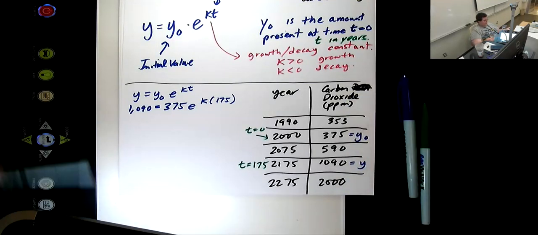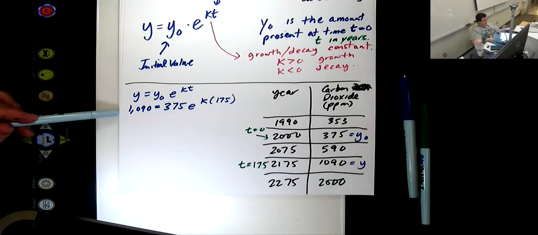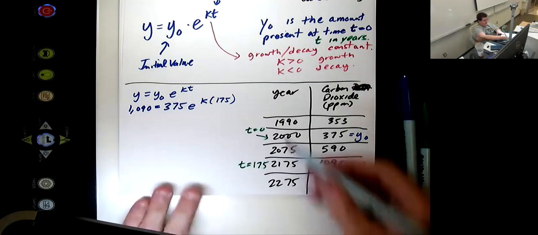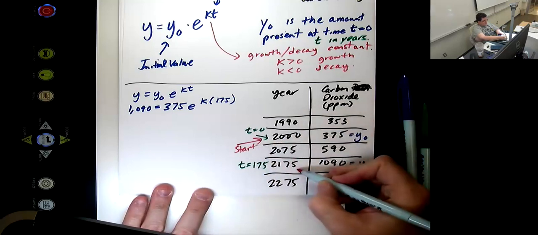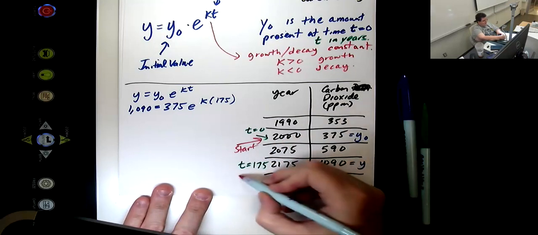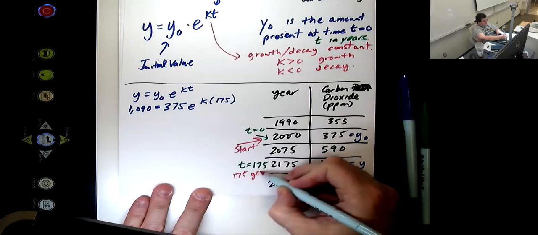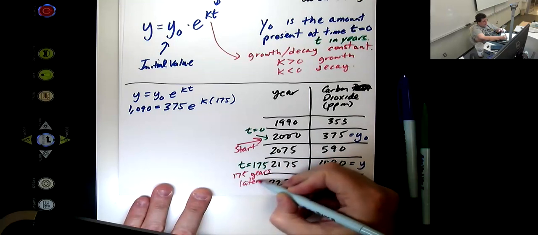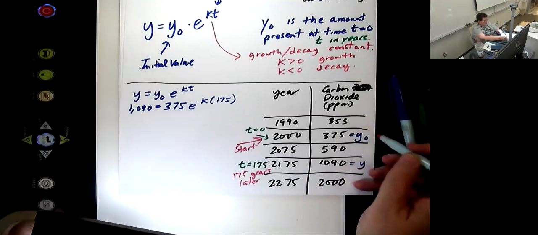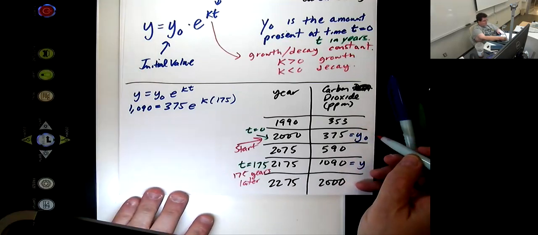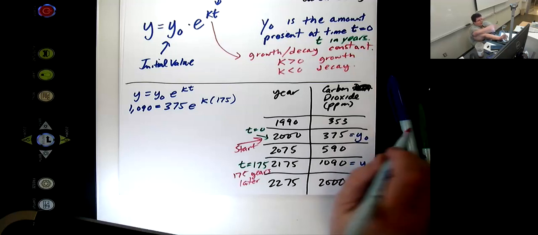Is everyone with me on the setup here? I said this is going to be our starting year. So 2175 is 175 years later. And this would be my y naught. Y is whatever the current value is.